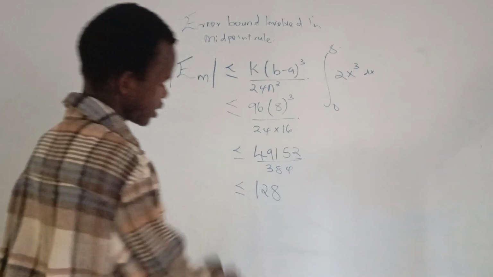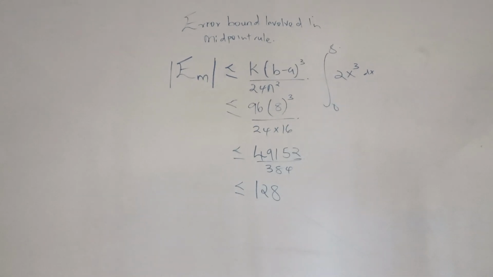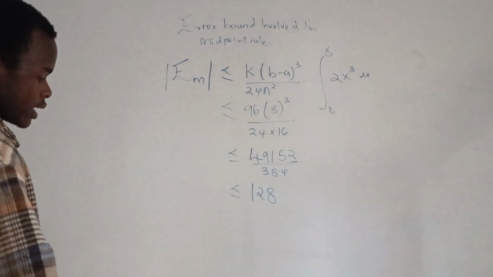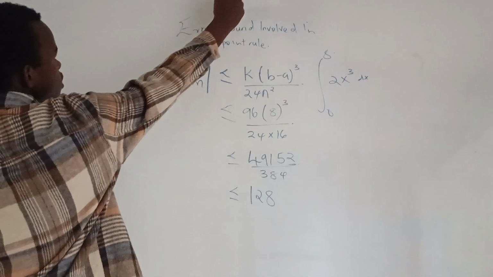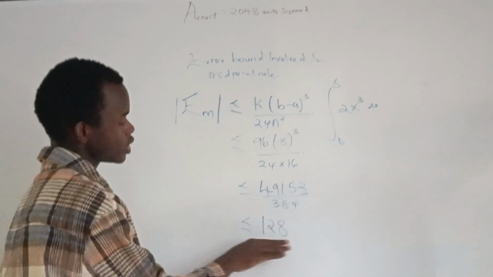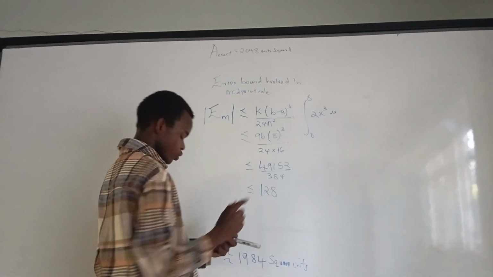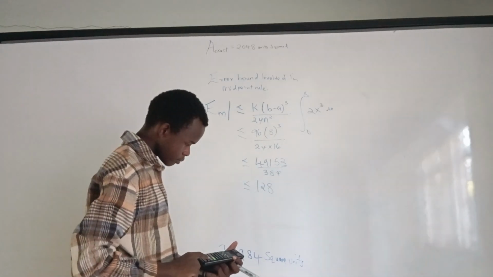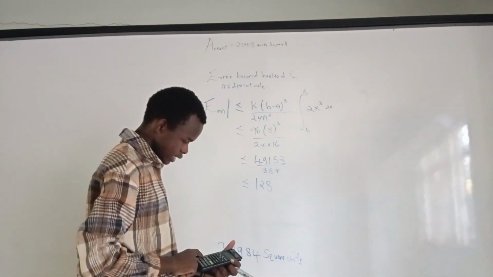This is the maximum error that we are allowed to create. Beyond this, the approximation is wrong. So let's find our error. Our error will be 2048 minus 1984. Let's see if it's within the range, less than or equal to 128.